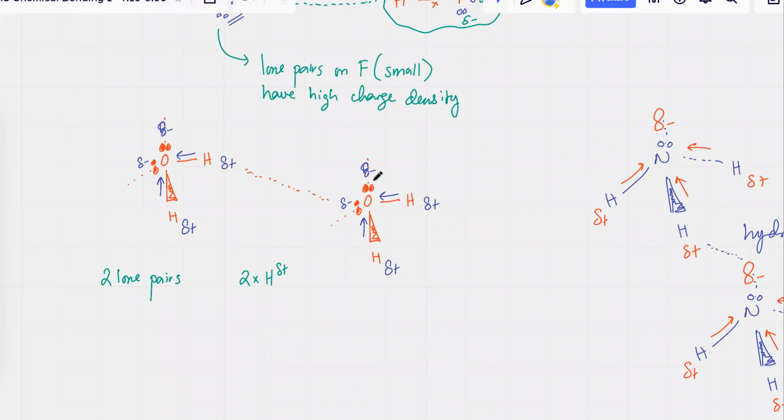Every time there's a lone pair, you will have an equal number of H positive. If you look at the picture, there are 4 H positive in the diagram and there are 4 lone pairs as well. So if you have thousands of them, none would be getting wasted. Every lone pair will be attracted to an H positive. So it will be forming hydrogen bonds very efficiently. Nothing would be getting wasted.